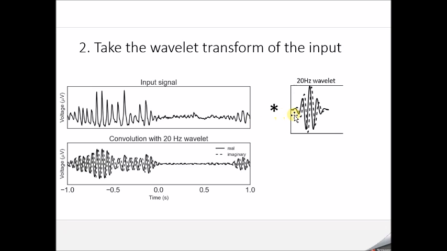So the real part of the wavelet convolved with the input signal will give you the real part of the output signal, and this is essentially very similar to just a bandpass filter around 20 Hertz. And the imaginary component is the convolution of the imaginary component of the wavelet with the input signal, and that just looks like a little bit of a time-delayed signal compared to the real signal. These real and imaginary components will be useful for calculating the amplitude.